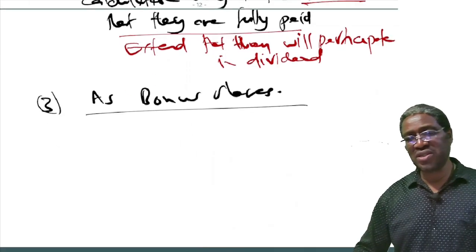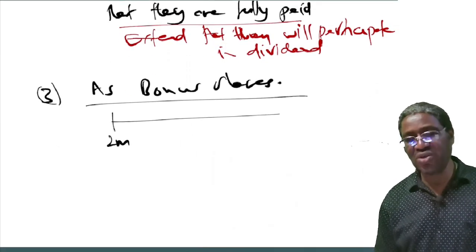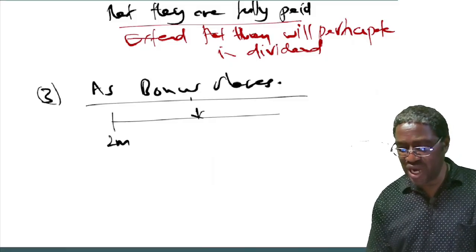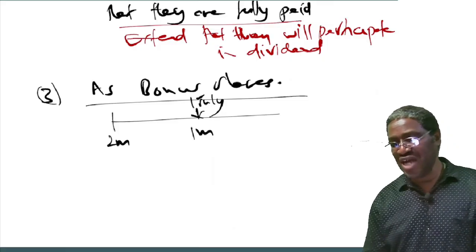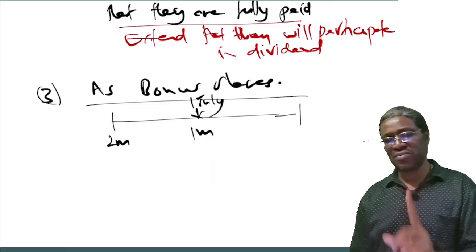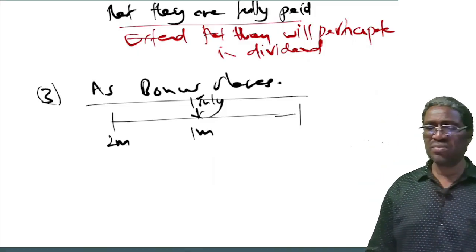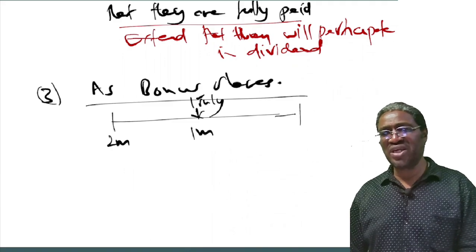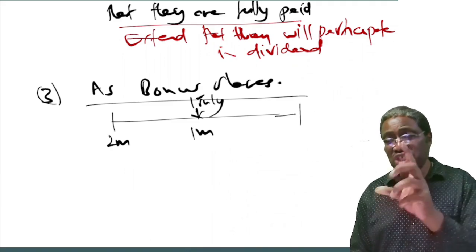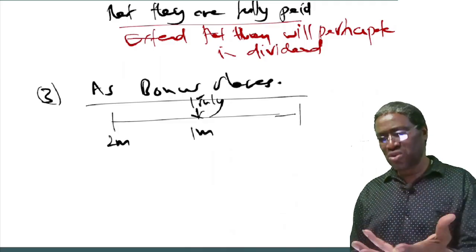As bonus shares. Listen, again, let me assume we began the year with 2 million shares. On 1st July, you issued another 1 million shares as bonus. What is the key important point? Somebody can put it down in chat and tell me what's the key important point when shares are issued through bonus.